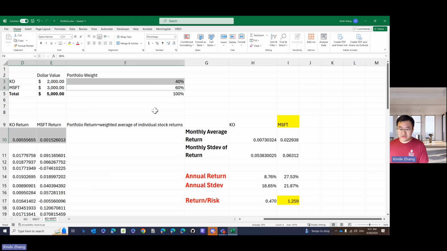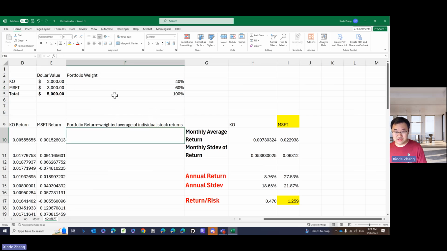The important thing here is that this time we're going to use absolute reference. That means the percentages, or portfolio weights, are going to stay constant. Let me show you what I mean.